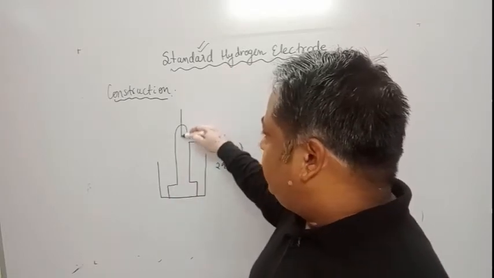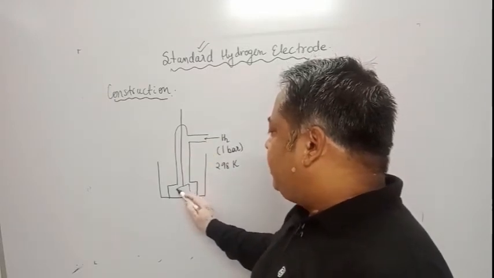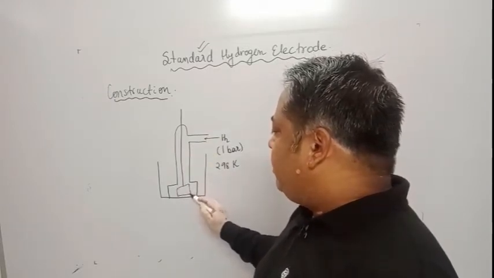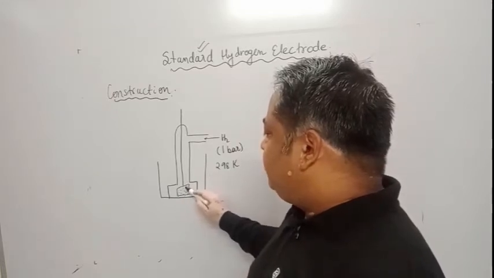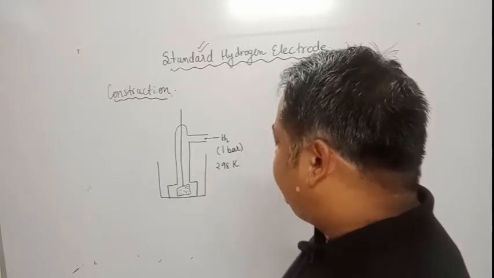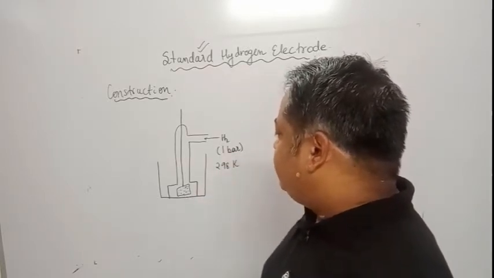From here a platinum wire is dipped in, and the platinum wire ends with a platinum plate, and granulated platinum is put on the surface of this platinum chip so that the surface area increases and more hydrogen can be adsorbed in it.